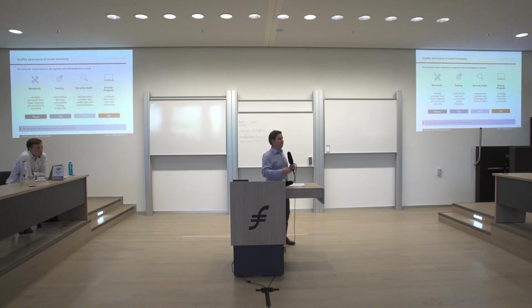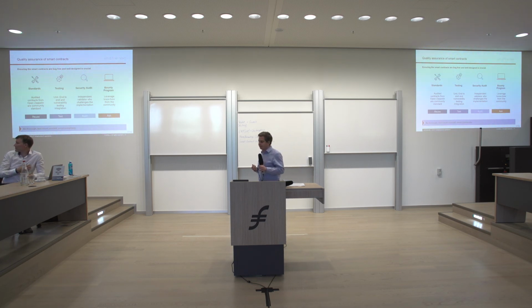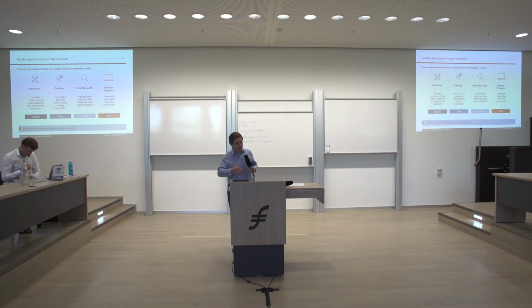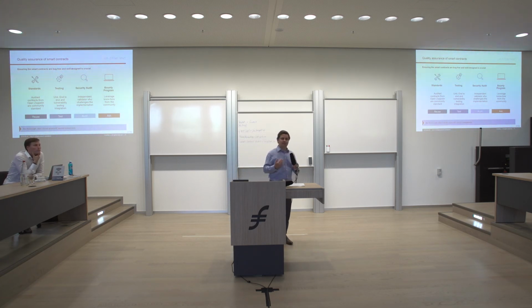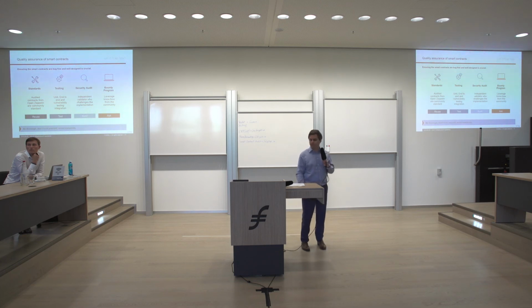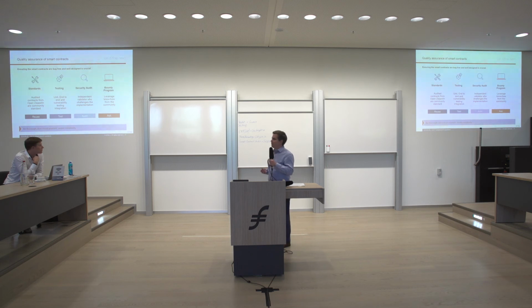You do unit testing, integration testing, and vulnerability testing. And if you have done that, I would very strongly suggest that you have a security audit firm check the contracts again. And finally, a lot of ICOs also do a bounty program, to leverage the knowledge of the community, and maybe they also find further bugs.